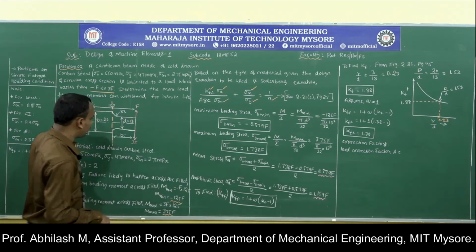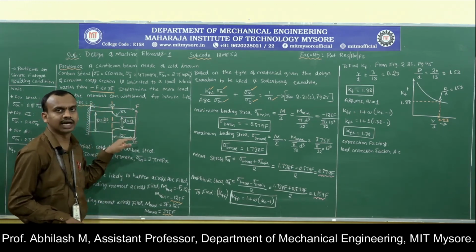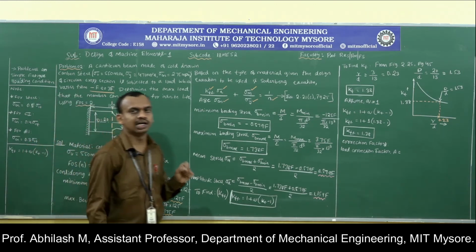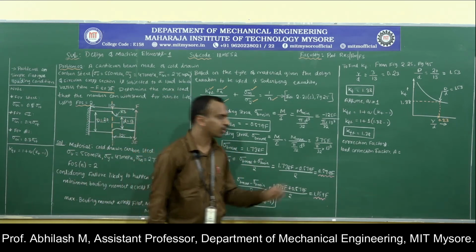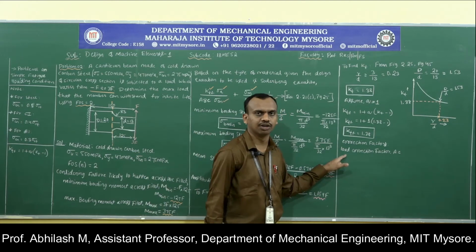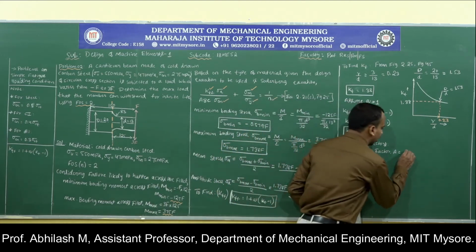For the given member, the type of load acting is a bending load, that is, complete reverse bending. The value of A, the load correction factor, is 1.